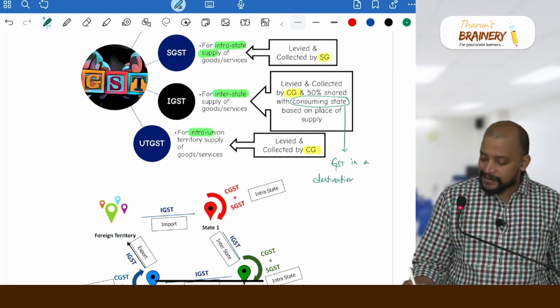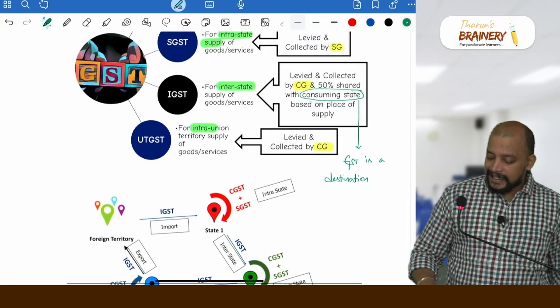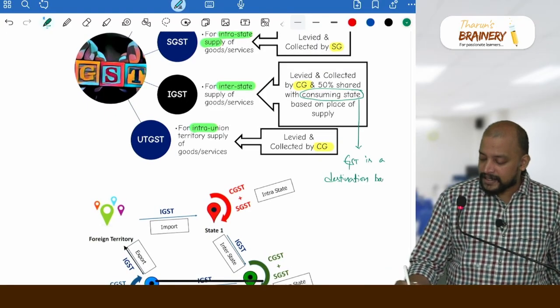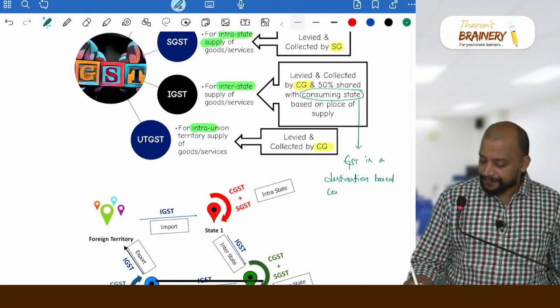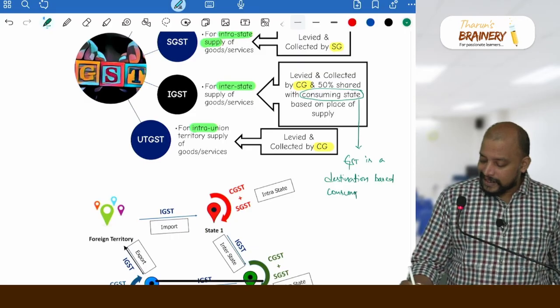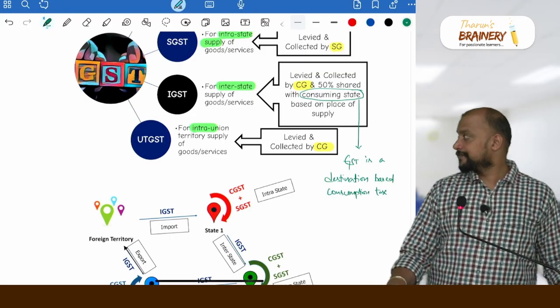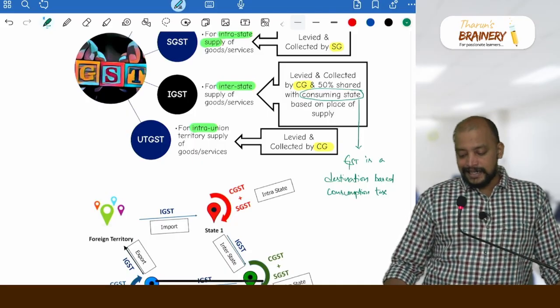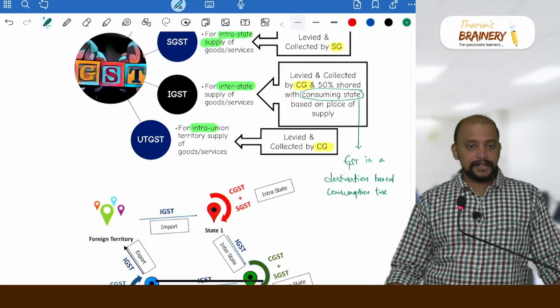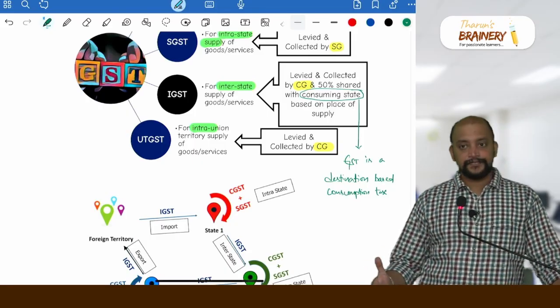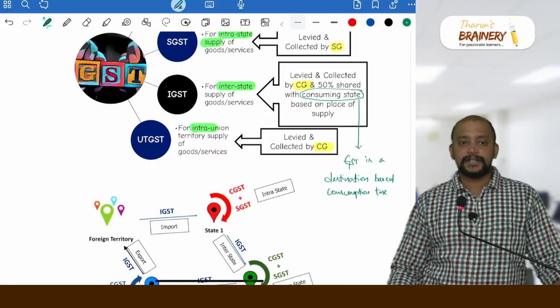Please make a note: GST is a destination based consumption tax. Got it?